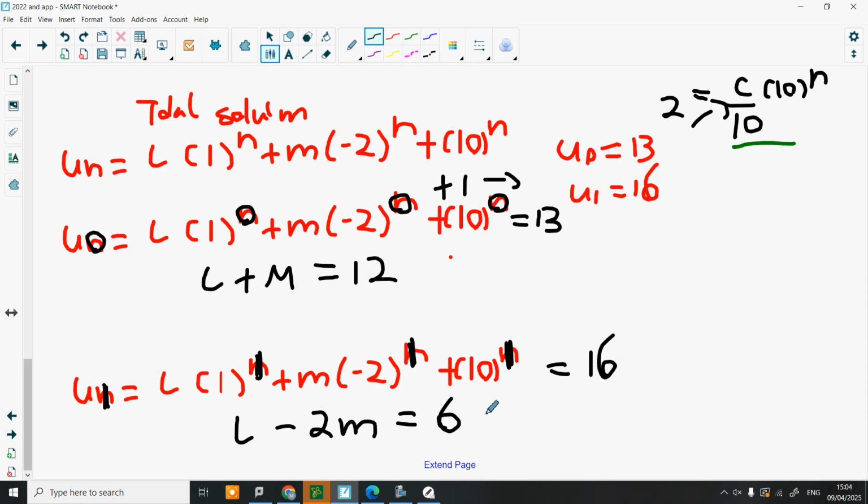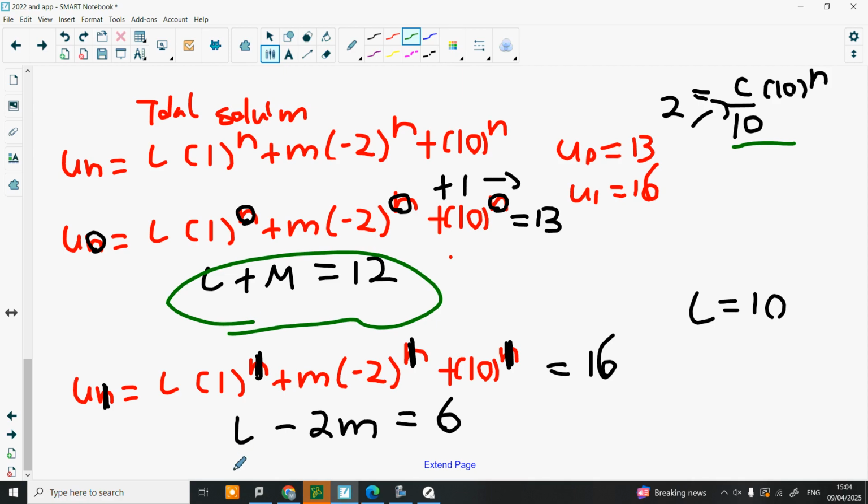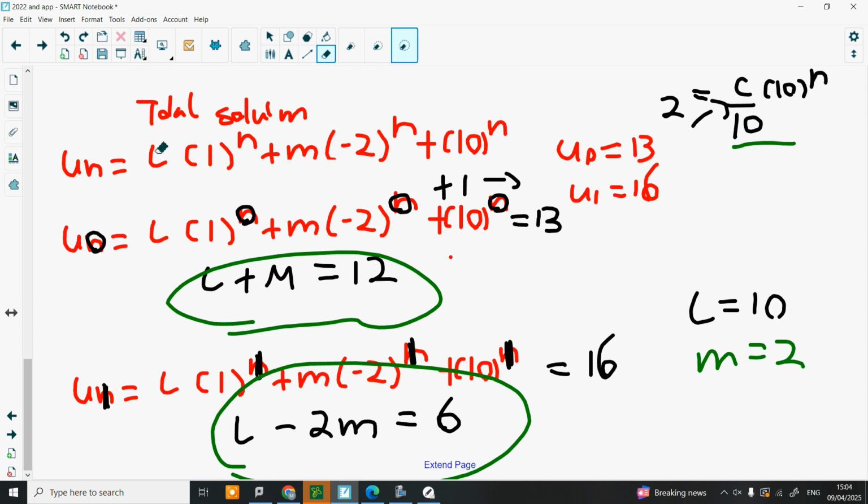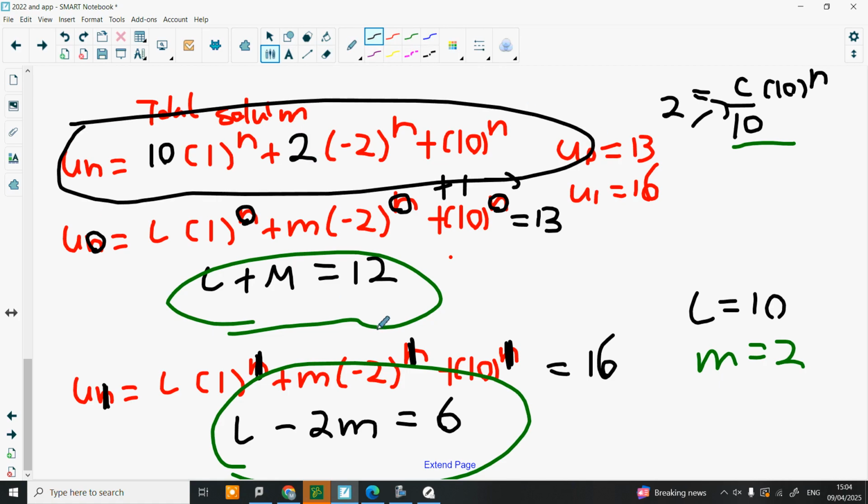And then what this means is you solve the simultaneous equations, the two greens, and you get L equals 10 and M equals 2. And what do you do up here then? Replace L with 10 and M with 2, and lo and behold, there's your answer. We all good? Okay.